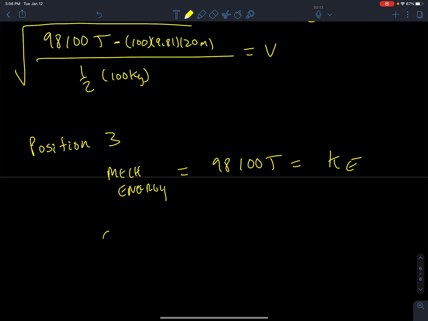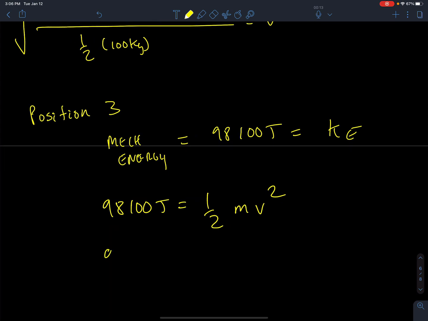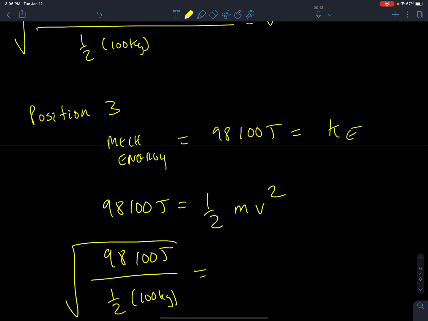In this case, I could solve for the velocity at that point by looking at the formula for kinetic energy. So 98,100 joules divided by 1/2 times 100 kilograms, square rooted, will give me my velocity at the bottom.